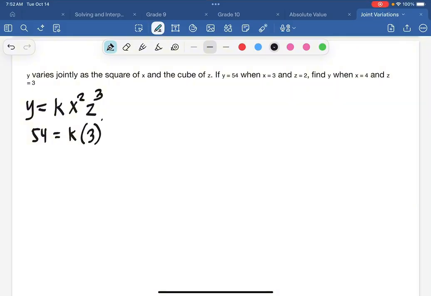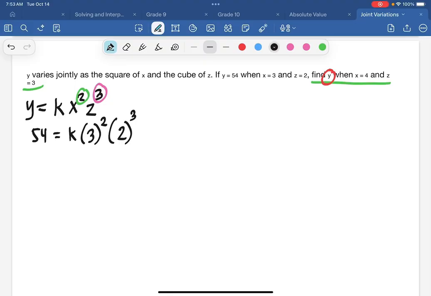So again, 3 squared, because you should not forget the 2 here. And z is 2 cubed. Let's find k first before we go over to the second part, in which we are going to find the value of y.